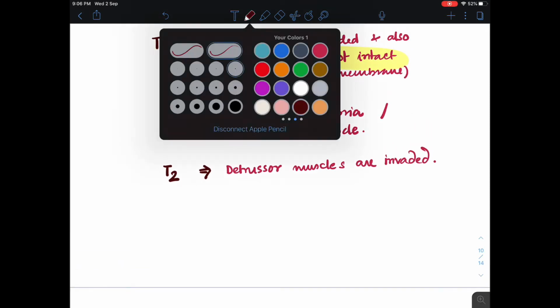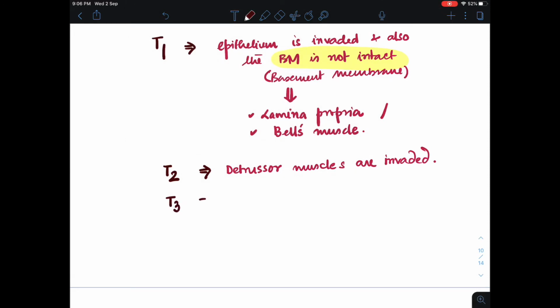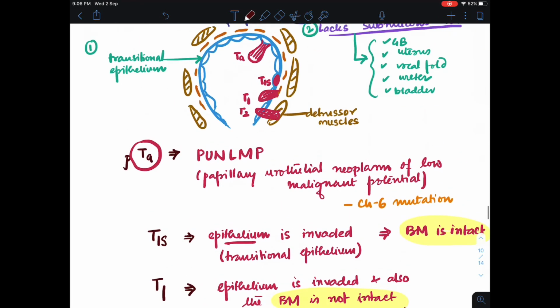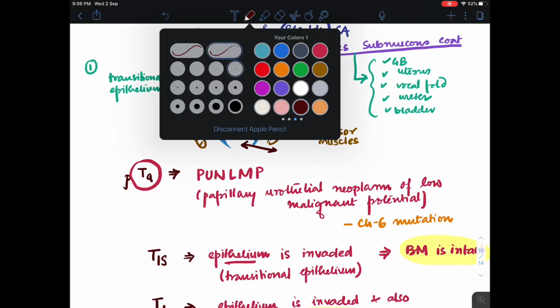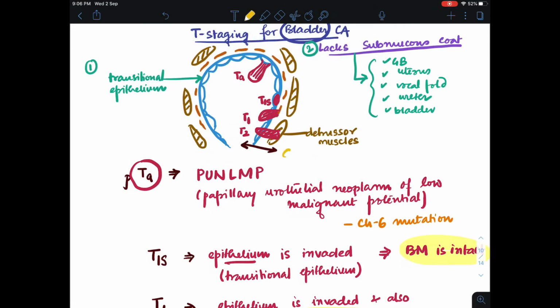Now coming to the next stage, T3. As the detrusor muscles are invaded, there is nothing remaining of the bladder. The whole portion of the bladder is invaded now, and the bladder is perforated, so it will go to the perivesical area, which is usually composed of fat, adipose tissue.